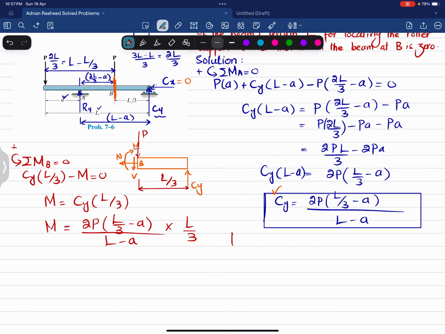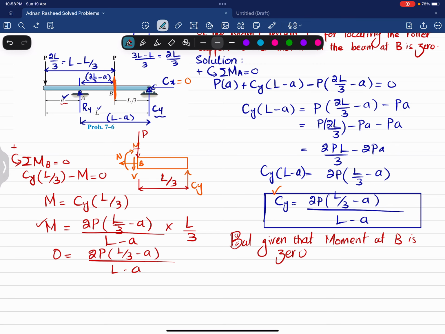But we have to find this distance A in order to have moment at B equal to 0. So what we are going to do is make M equal to 0. So 0 is equal to 2P into L by 3 minus A divided by L minus A into L by 3.